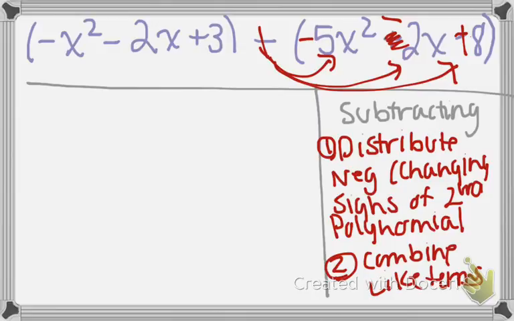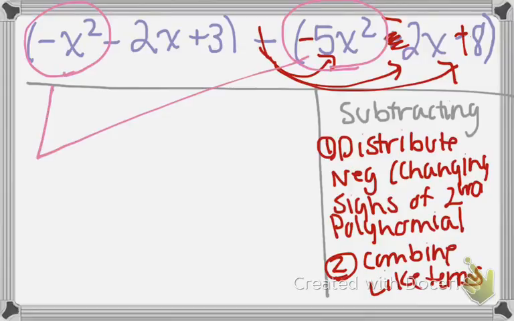So I'm going to take it again. Just like I did in the first problem, I'm going to try to color code it for you. Negative x squared goes with a negative 5x squared. Combining that gives me negative 6x squared. Okay, changing colors.